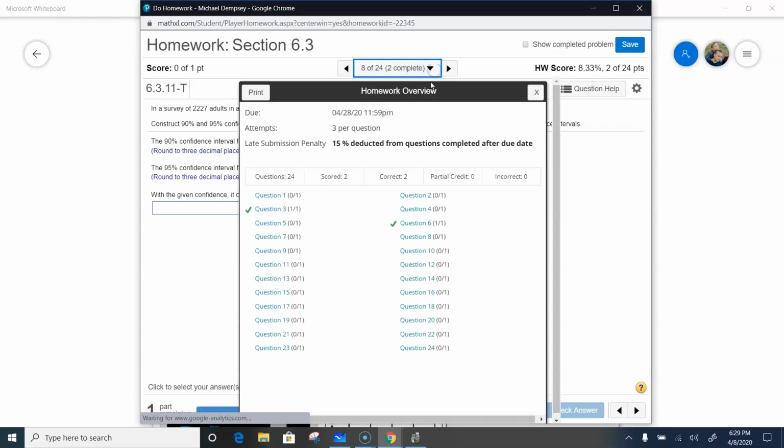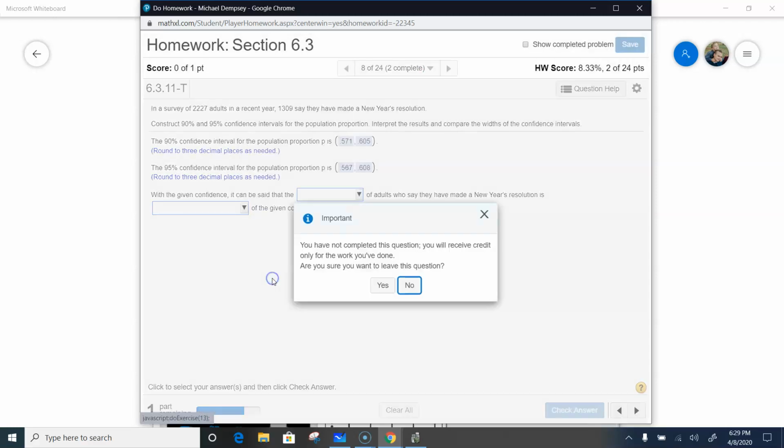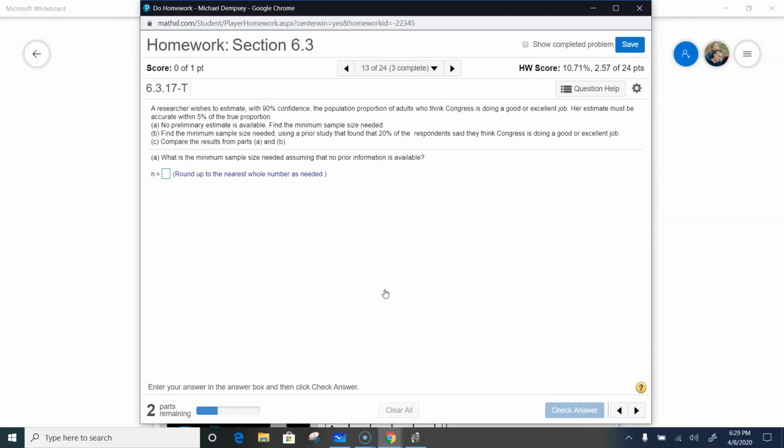Right? So I'm going to jump ahead now to 13. Yes, I want to leave that question. Okay, so here's one where we have two things happening. One is where we want to find the minimum sample size when there's no preliminary estimate. Then we have a preliminary estimate of 20%. So a lot of this is an exercise in algebra.